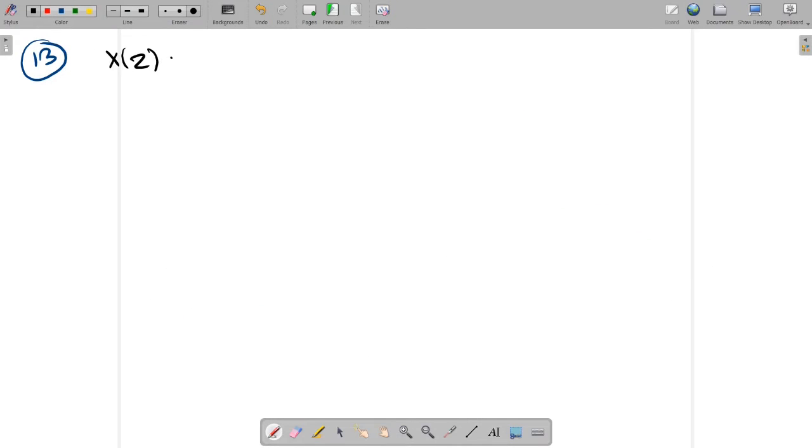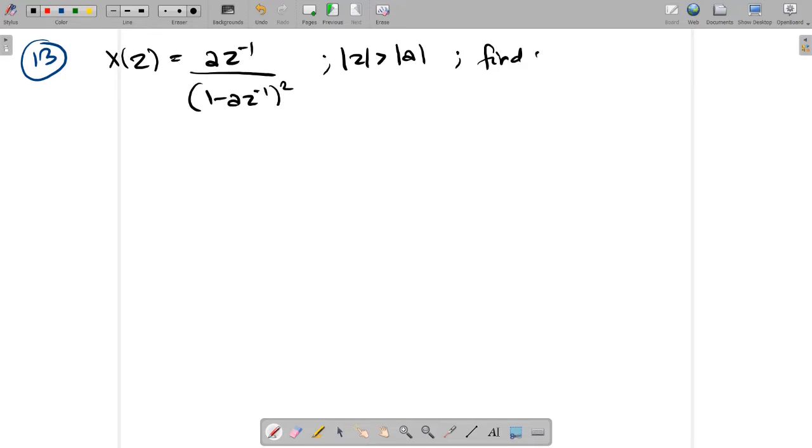X of z is equal to a z inverse upon 1 minus a z inverse the whole squared, mod z is more than mod a. Find x of n. Now how do you solve this? Okay, I will do known.